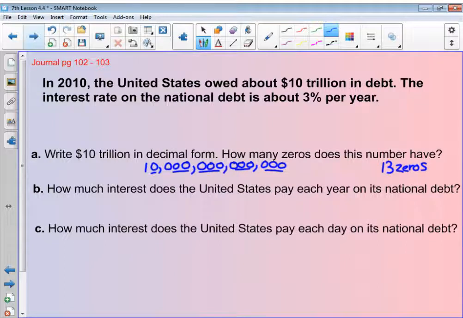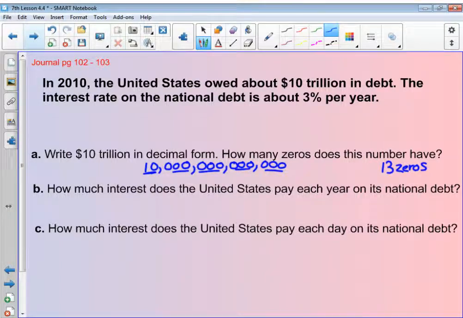Now, the reason they wanted us to work with those zeros is because a lot of your calculators aren't going to let you punch in all of those zeros. So we're going to do 3% of, we could do 10. And then we'll move our zeros.